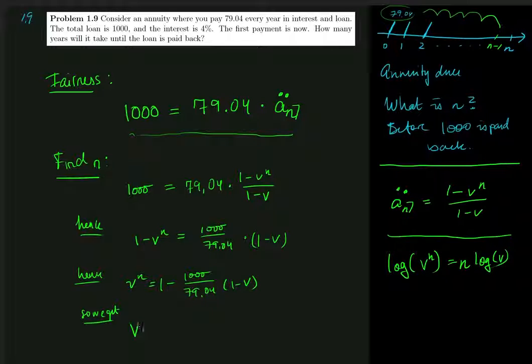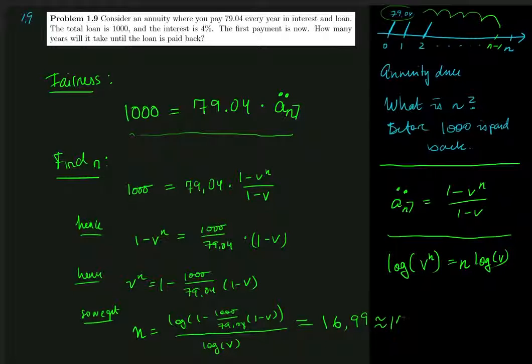So we get that n is equal to the log of 1 minus 1000 divided by 79.04 multiplied by 1 minus v, divided by log of v. And if we put that into the calculator, we get 16.99 or something like that.